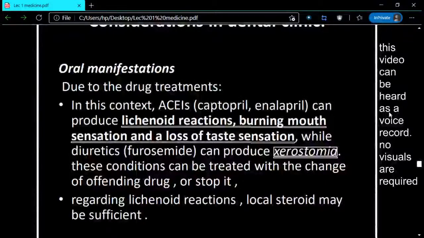Otherwise, mastication may be affected because of the ACE inhibitors and the diuretics.